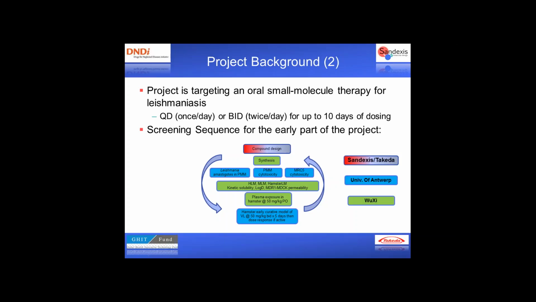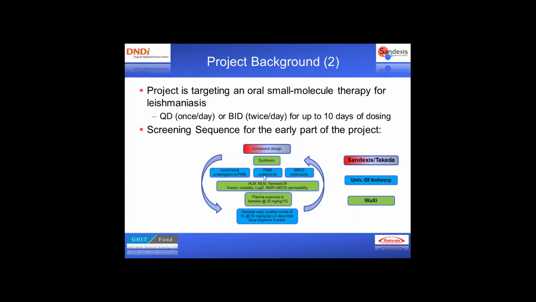And what I've got on this slide is just a very quick snapshot of the early screening sequence that we use in terms of the design, synthesis, screening loop. So ourselves and Takeda at the top both work very closely together with respect to compound design.